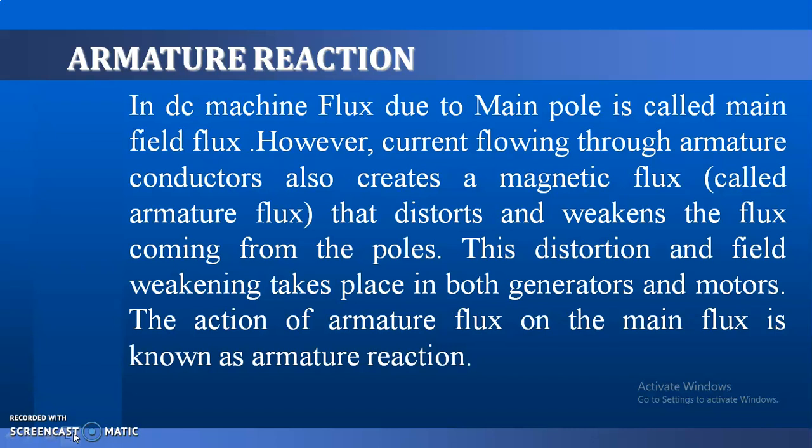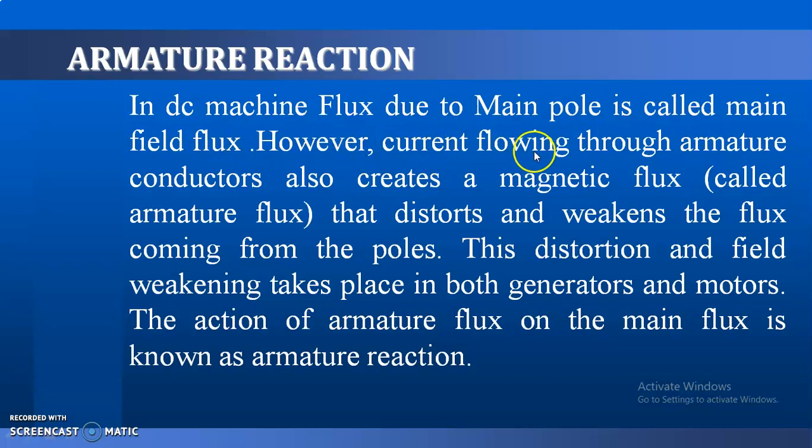As we know, DC machines have mainly two fluxes: the main flux due to the main pole, and the armature flux due to the armature winding. In a DC machine, the flux due to the main pole is called the main flux.